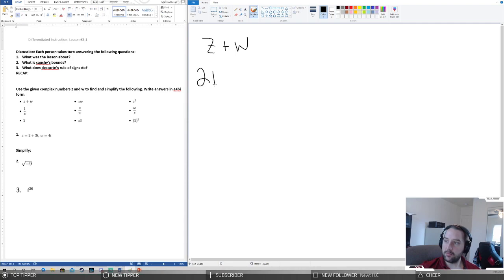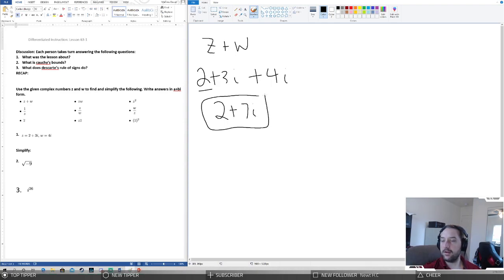So 2 plus 3i. And then plus what my w is, which is 4i. And so now I just combine like terms. So 2 doesn't combine with anything. 3i and 4i combine together. That becomes 7i. And so that right there, that's going to be my answer.